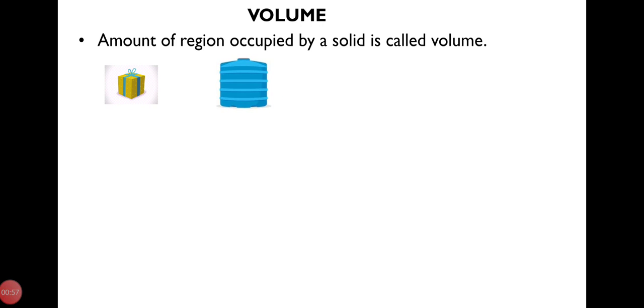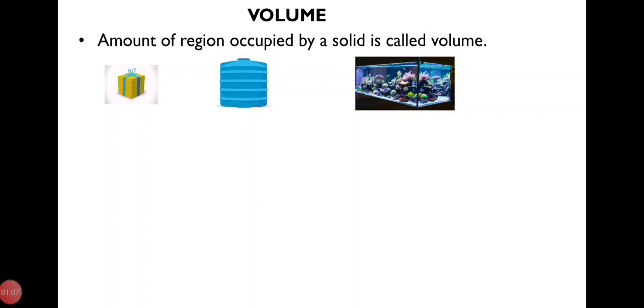In this tank, whatever amount of water can be stored, that is its volume, or it is also called capacity. Similarly, an aquarium. In the aquarium, we fill the whole aquarium with water so that we can keep different fishes. So the capacity of this aquarium to store that much water is called its volume.